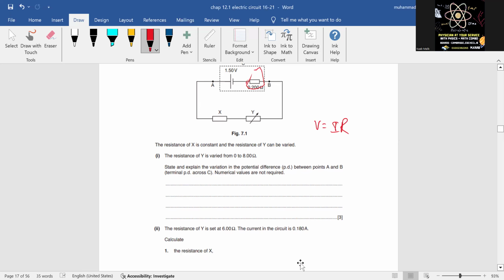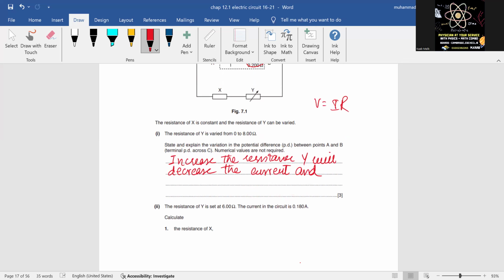So we can say that increasing the resistance Y will decrease the current, and decrease the lost voltage.